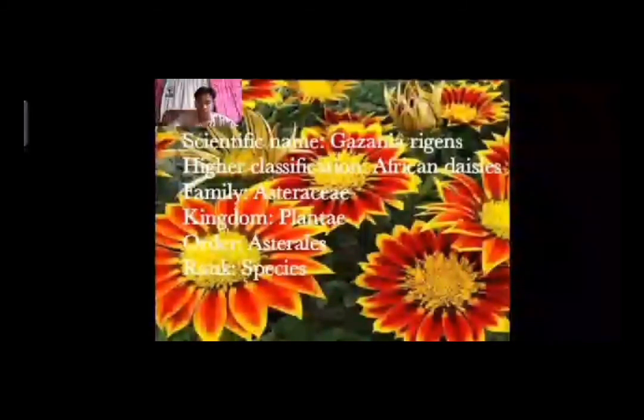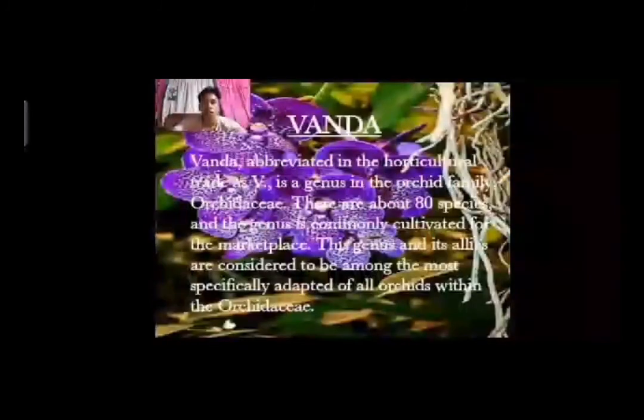Scientific name, Gazania rigens. Higher classification, African daisies. Family, Asteraceae. Kingdom, Plantae. Order, Asterales. Rank, species. Next is the Vanda.